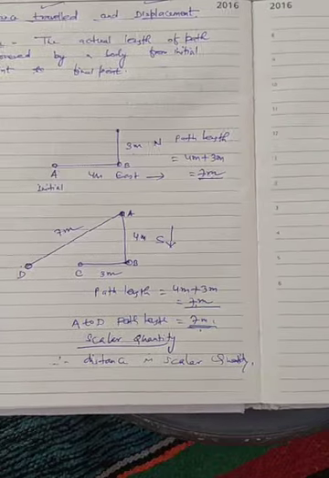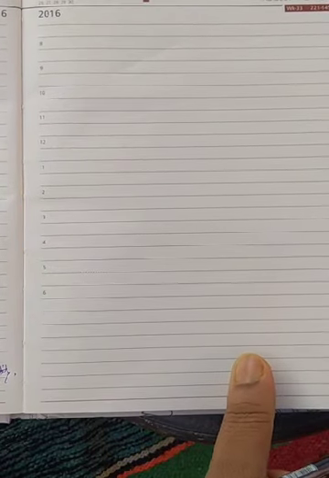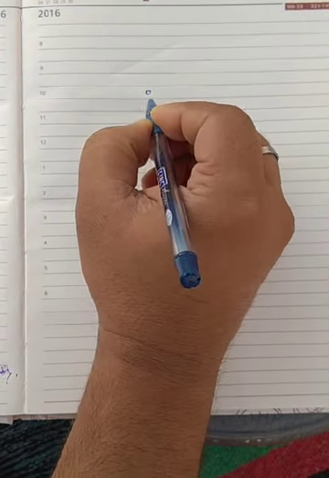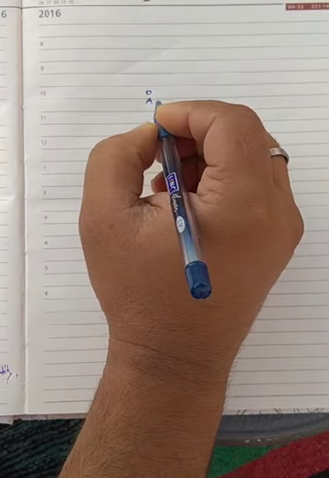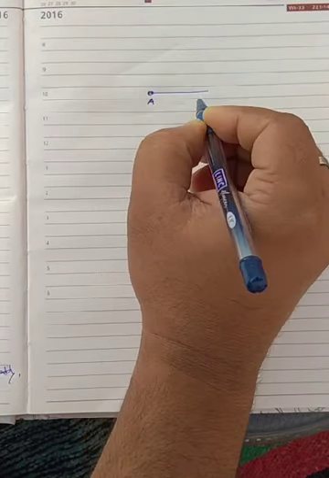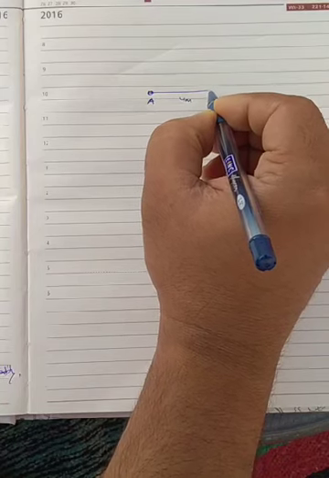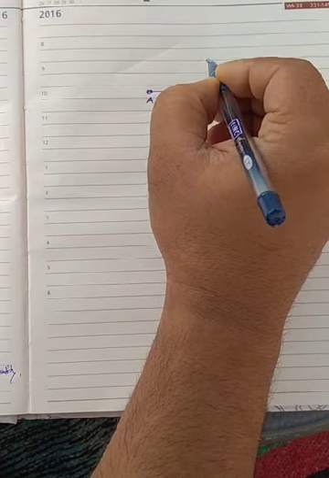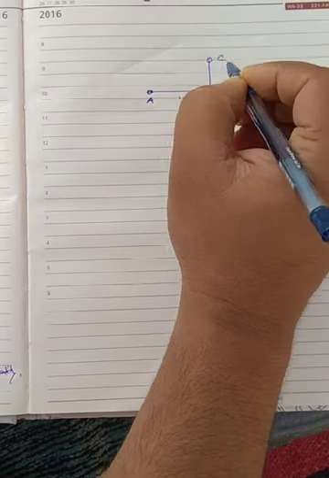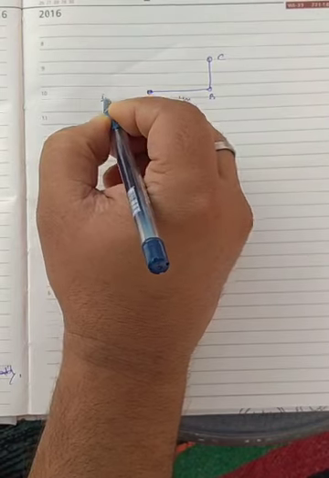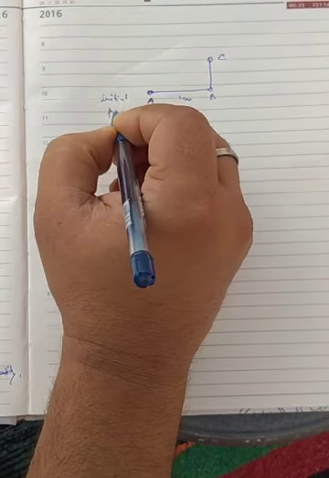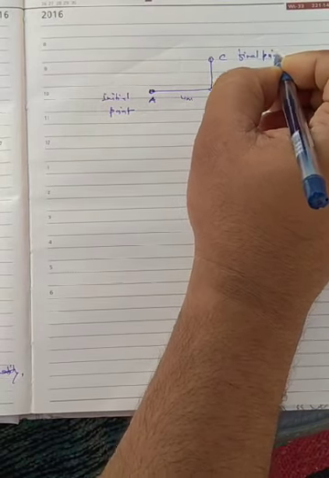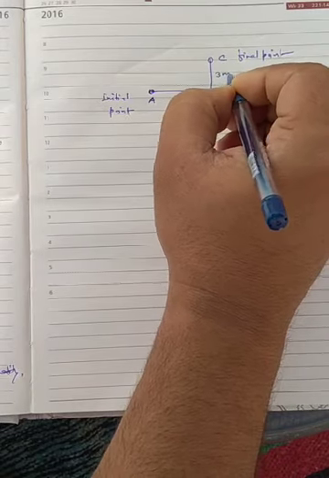Now, let us understand about displacement. Again, I am taking a body having its initial point at A, traveling a distance of 4 meter, reaching point B, and finally reaching point C. A is the initial point, C is the final point, and 3 meter.